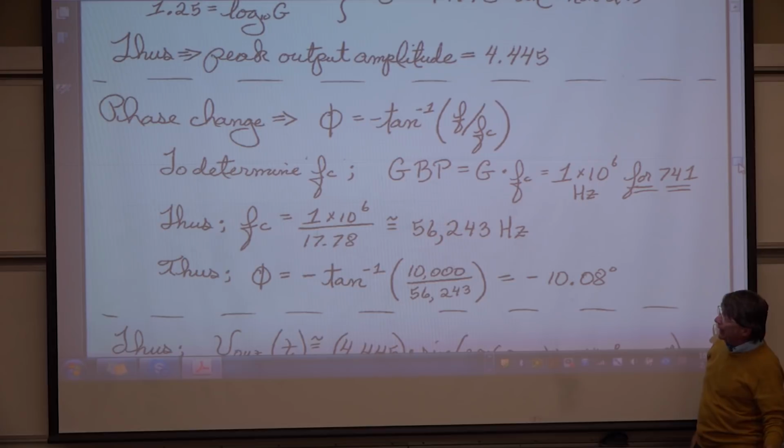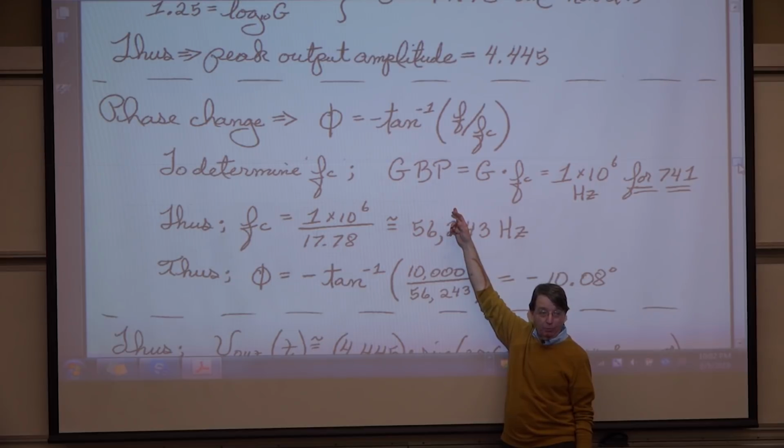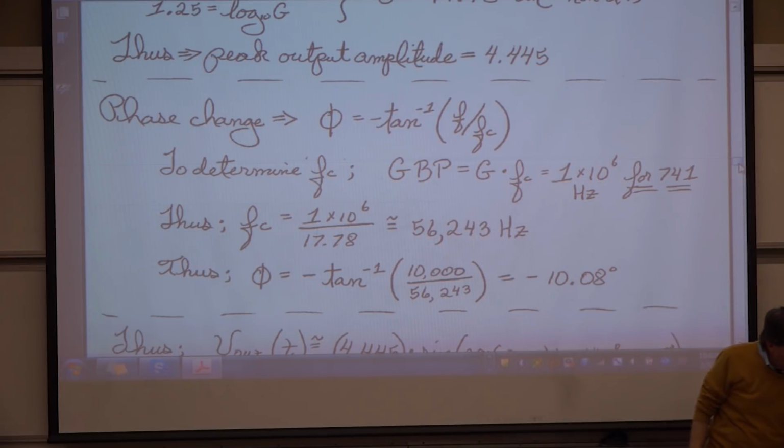So I know the gain. How do I know the gain? I calculated it, 17.78. Another trick: don't use dB in the gain bandwidth product formula. In the gain bandwidth product formula, the gain must be in non-dB. So then we say, excellent.